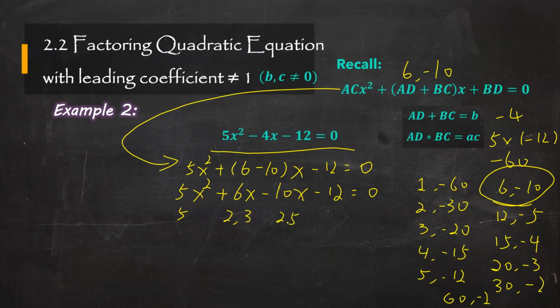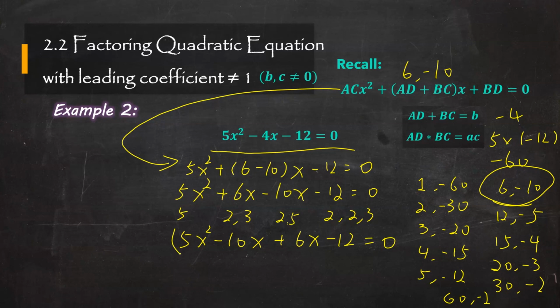And 12, we have 2 times 2 times 3. That's all the factors they have. So now we do the regrouping, right? We group the two terms that share at least one common factor. We have 5 and 10, and the other group will be 6 and 12, right? So now we have 5x squared minus 10x plus 6x minus 12 equals 0, right?